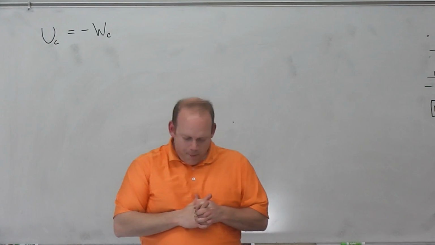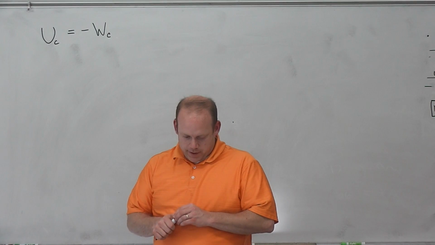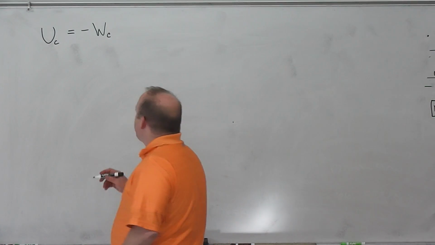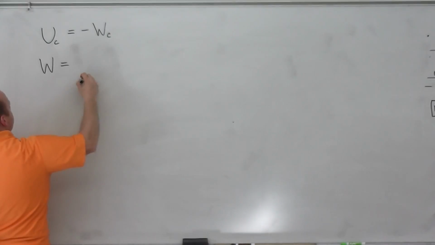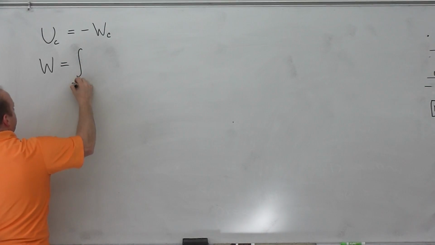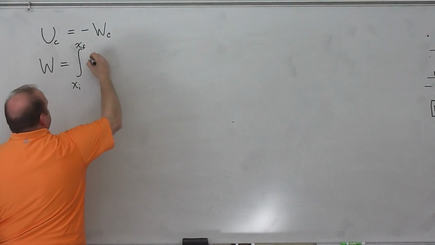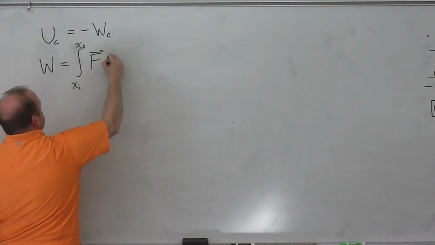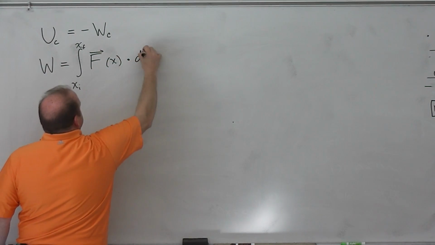So now, in general, we know that work is equal to, in its most general form, the integral from xi to xf of force, which is a vector, dotted with dx.